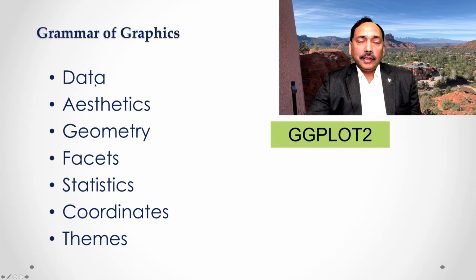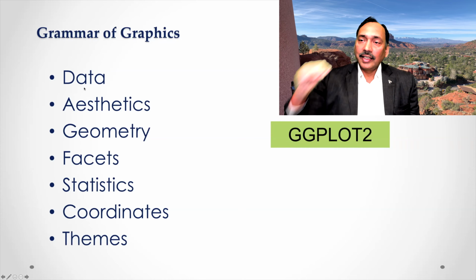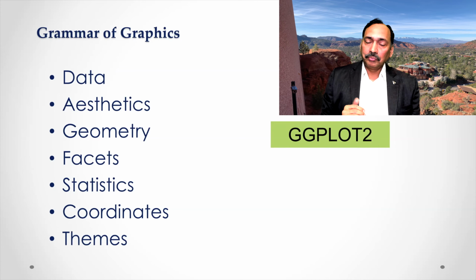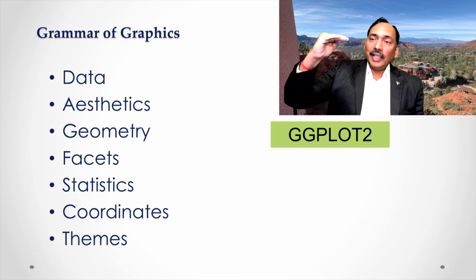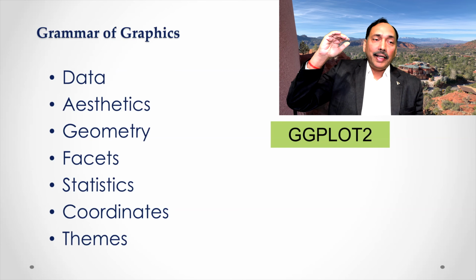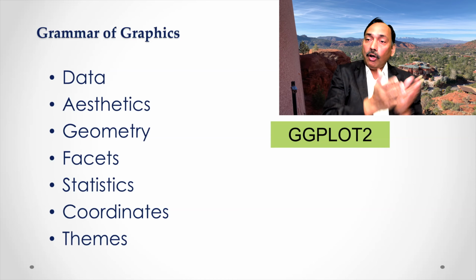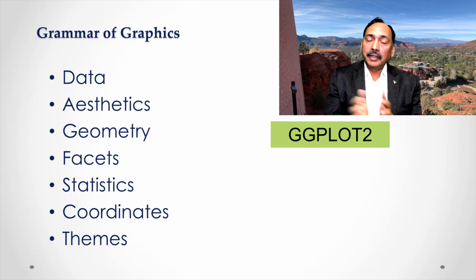And ggplot2 actually addresses this grammar of graphics very nicely, where you can make data visualizations in layers. You can address various things systematically one by one in layers. There may be one layer where you are talking about the data, what data you are using, because a data set may be very huge. You don't want to use all the data to make a graphic.